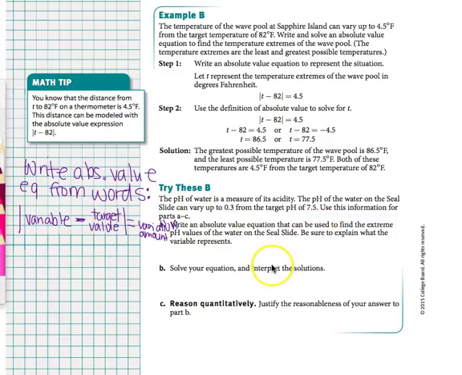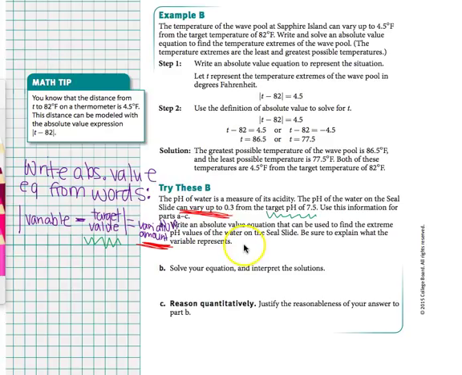So this has told us these two things. It gave us a target value here. Here I see target pH. It also told us the amount it can vary. Variation amount can vary up to 0.3. So this is just handing this to us.